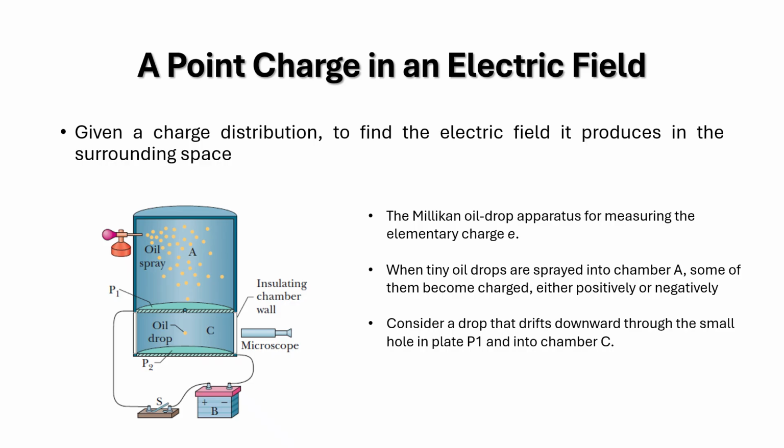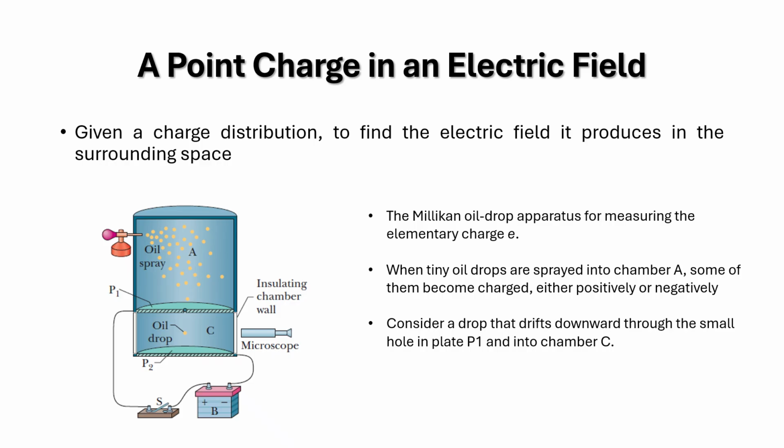A point charge in an electric field is one of the applications, the Millikan oil drop apparatus. Say you want to measure the elementary charge, you can see we have the switch, and you want to investigate using the microscope, and also we have this battery to create the voltage to apply this electric field for this Millikan oil drop.